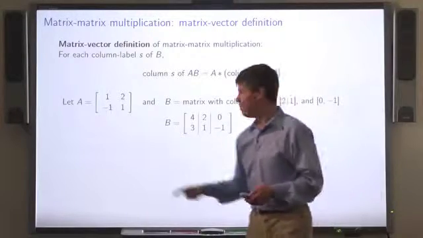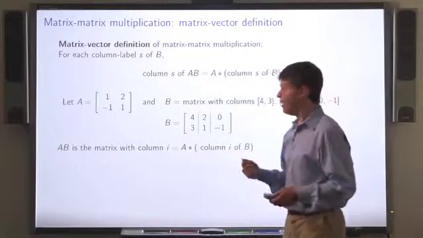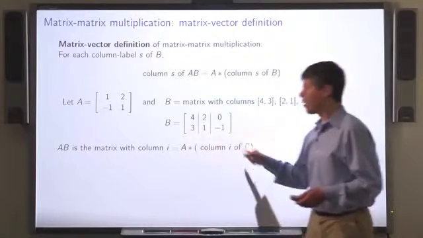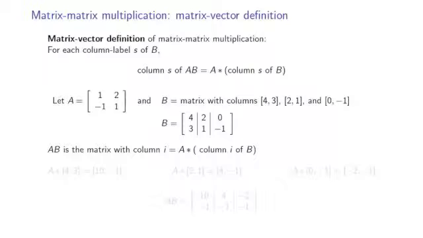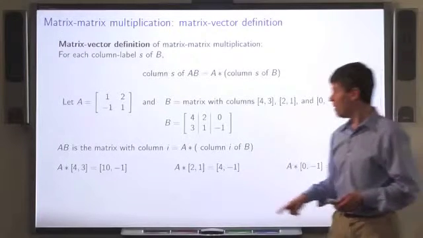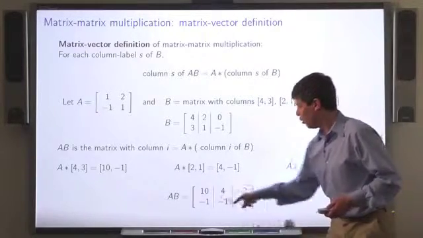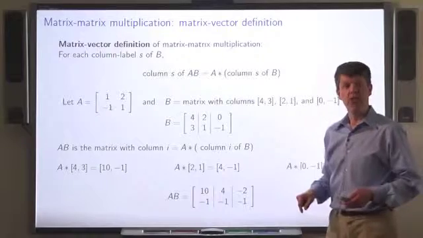The product AB is the matrix whose column i is the product of A with column i of B. So A times the first column, 4, 3, is 10, minus 1. A times the second column, 2, 1, is 4, minus 1. And A times the third column, 0, minus 1, is negative 2, negative 1. So the matrix matrix product is the matrix with those outputs as its columns.